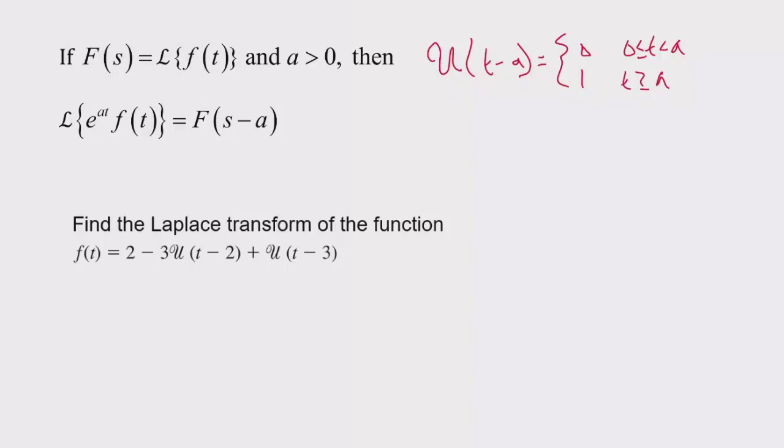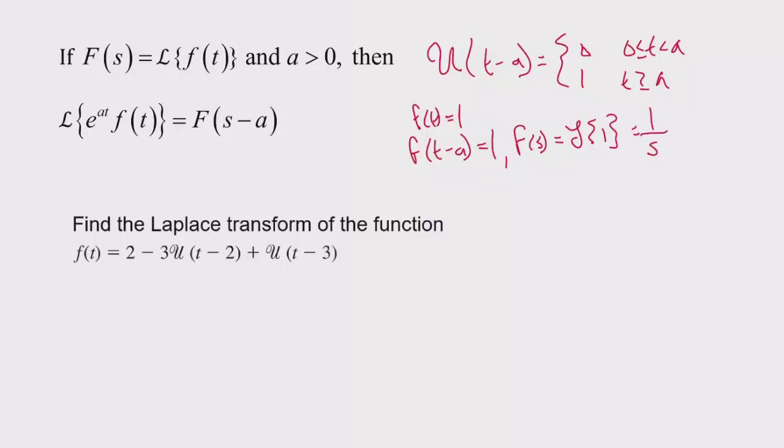Okay, so let's look at f of 1, just f of 1 itself. So if we say f of t equals 1, then f of t minus a should also equal 1, which means f of s would be the Laplace transform of 1, which would just be 1 over s.